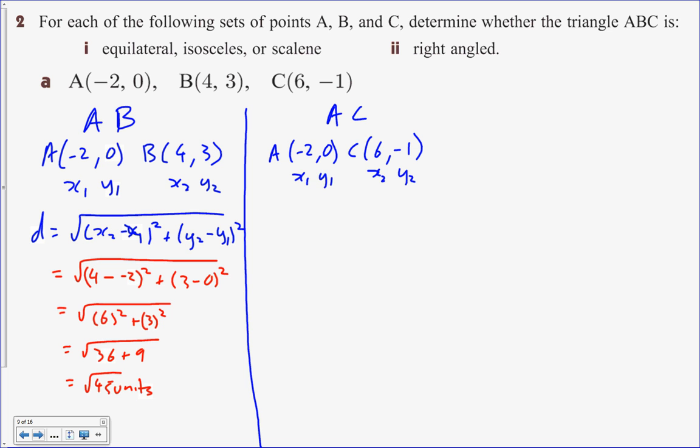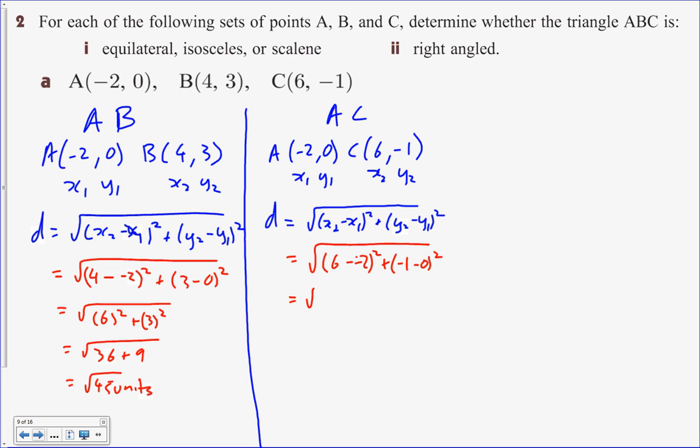Write our formula, d equals square root x2 take x1 squared plus y2 take y1 squared equals square root 6 take negative 2 squared plus negative 1 take 0 squared. So equals square root 6 take negative 2, so it's going to be 8 squared plus negative 1 squared. So it's going to be square root 64 plus 1 equals square root 65.